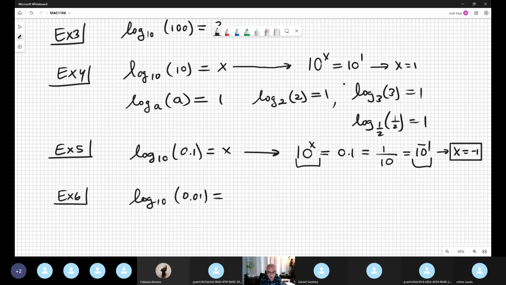What do you think? Is the answer positive or negative? Negative something. I repeat the idea. When the number and the base are of different nature, the base is greater than 1 and 0.01 is less than 1.